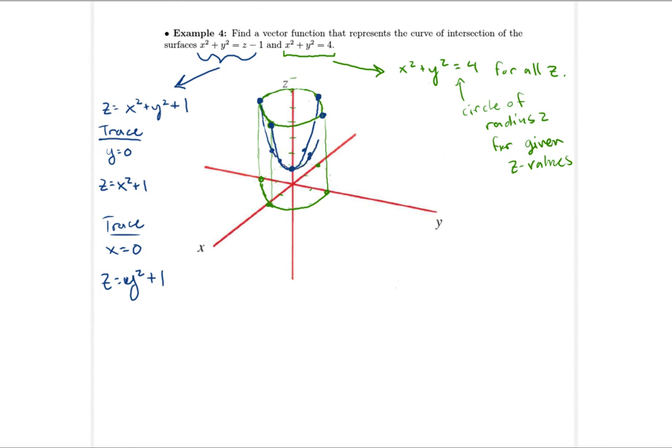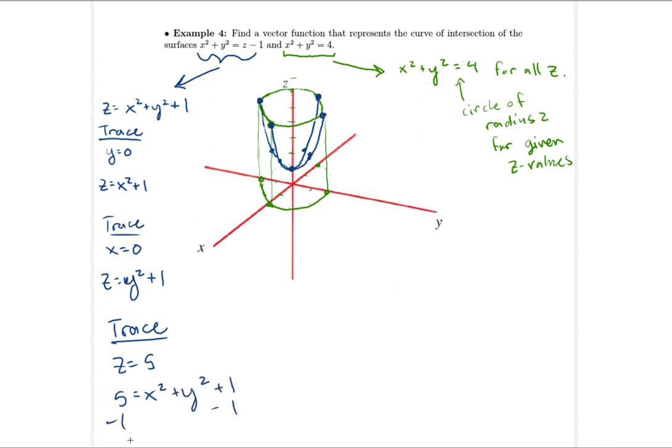All right, so what are we getting here? We're getting a paraboloid. Finally, it kind of looks like everything's intersecting here at z equal to 5. So let's also trace when z equals 5. Then you get 5 equals x squared plus y squared plus 1.